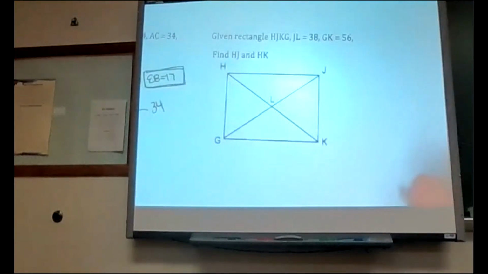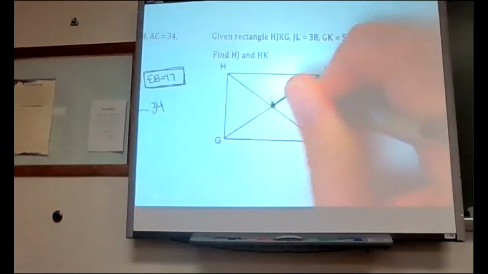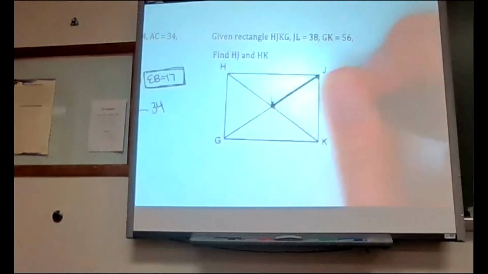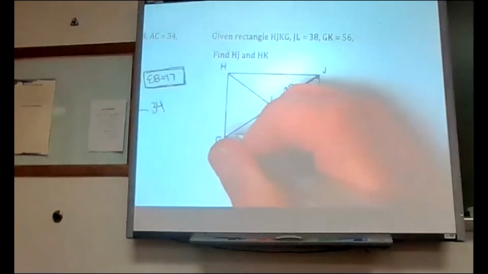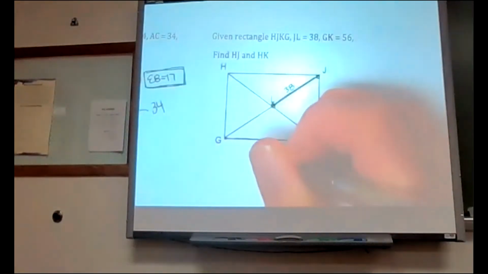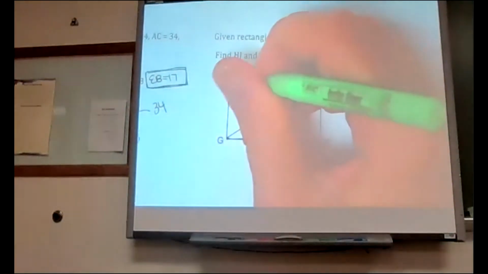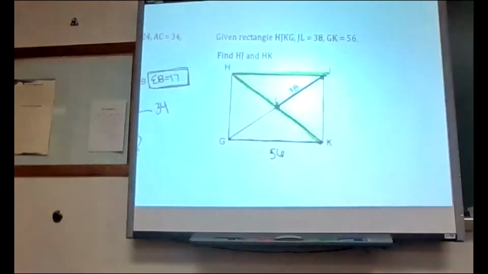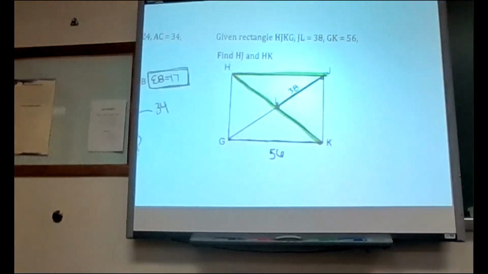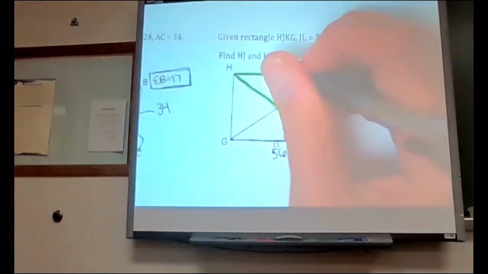We're given another rectangle, and in our rectangle, it tells us that JL, so just from here to here, this length is 38, and that G to K is 56, and it asks us to find HJ and HK. Okay, so it wants us to find those two lengths. Let's start with the easy one. What is HJ? 56.